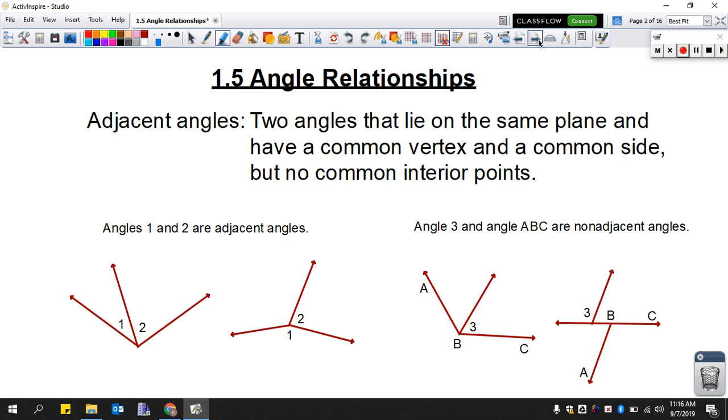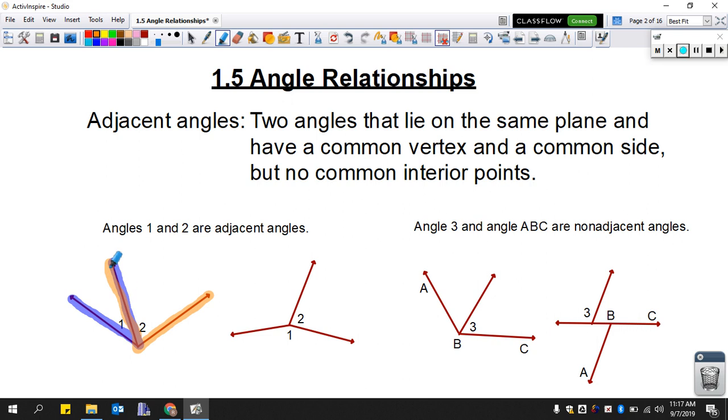In the little examples that I've got below here, angle 1 and angle 2 are adjacent angles in the first two. So angle 1 is here. Angle 2 is here.